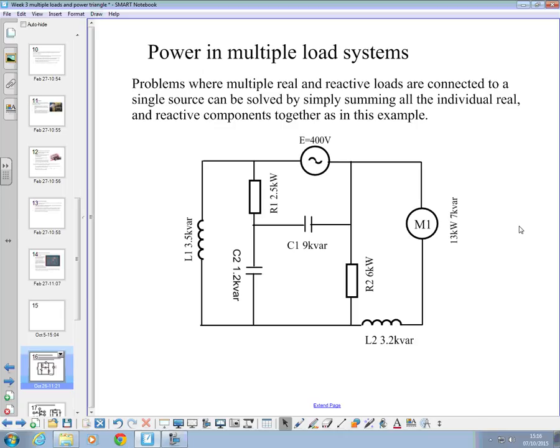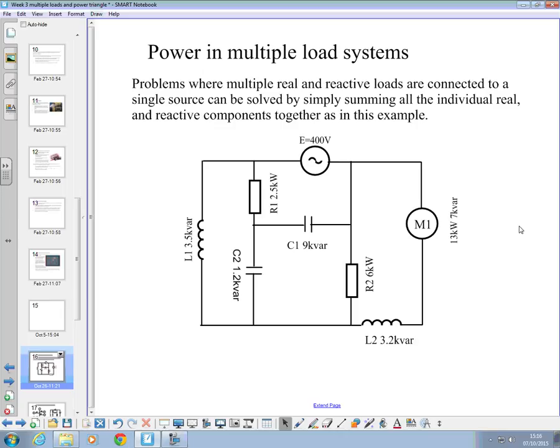Okay, so if you remember from week one, we consider that reactive loads draw reactive power from that source or supply, so they take reactive power or absorb it. Capacitors are said to give reactive power back to that system.